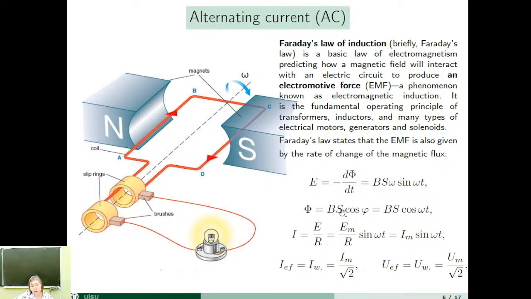Look at this expression for alternating current, where R is the resistance of the contour and of the electric circuit, in which the electric current is taken off by means of brushes sliding on rings.